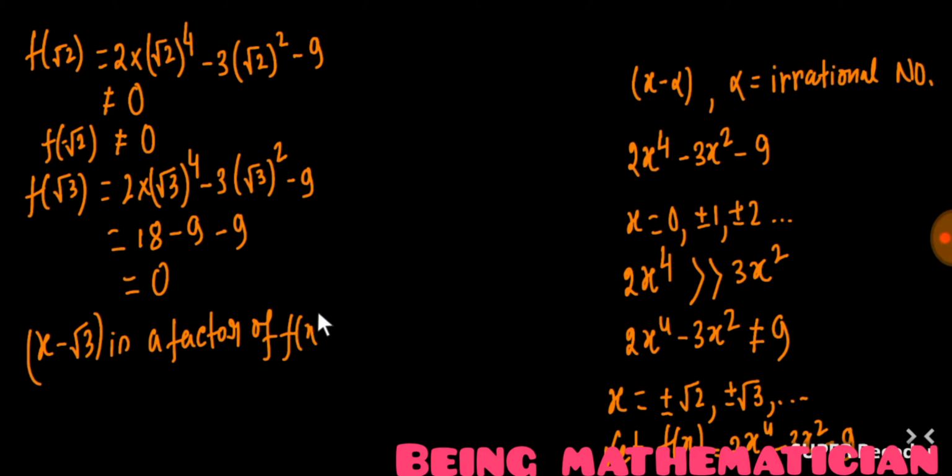Therefore, we can find the other factor of f(x) by dividing f(x) by x minus root 3.